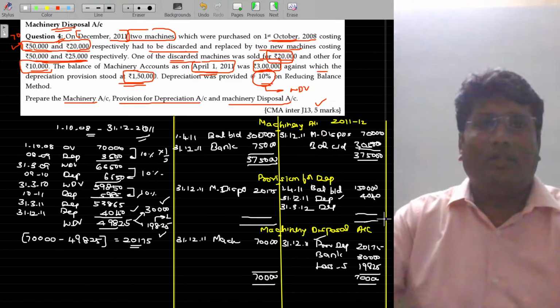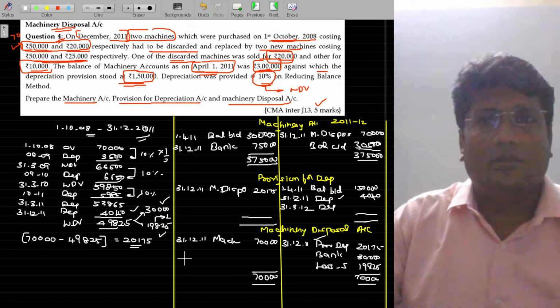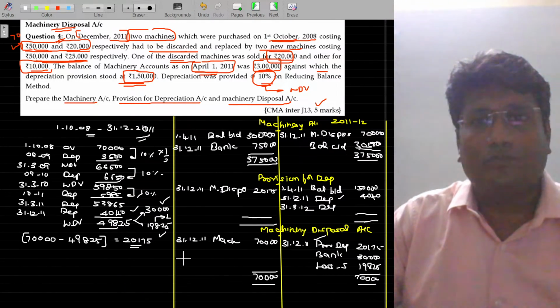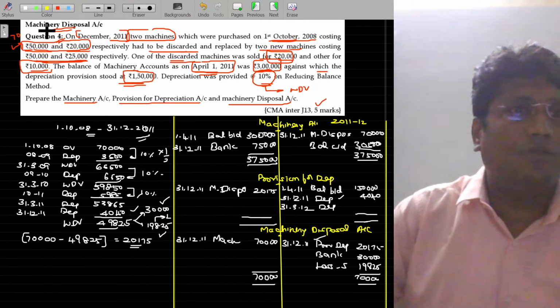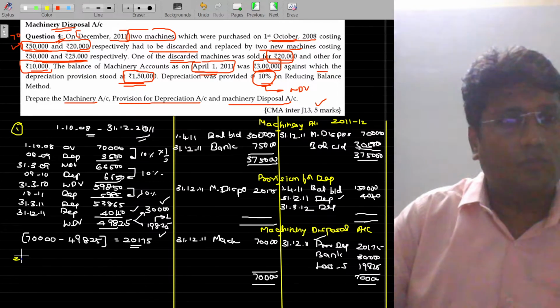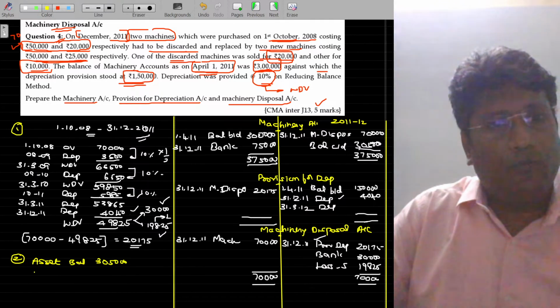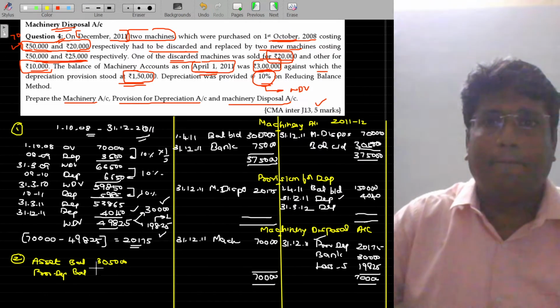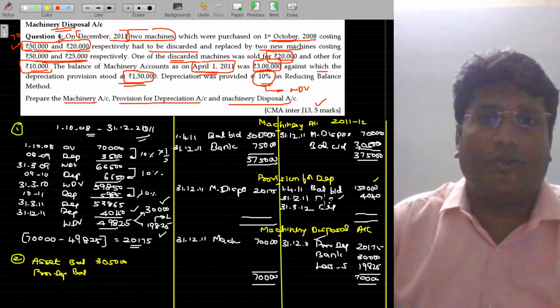Now, find out the balance of provision for depreciation. This is working note number 1. Number 2. The machinery account balance being 3,05,000. And the provision for depreciation account balance, how much is that? 1,59,040.